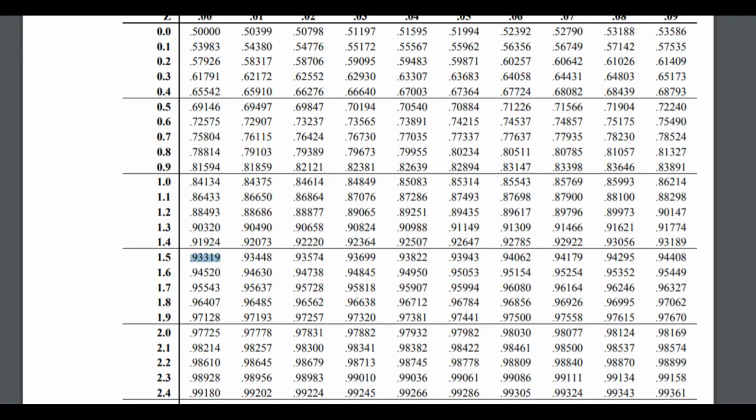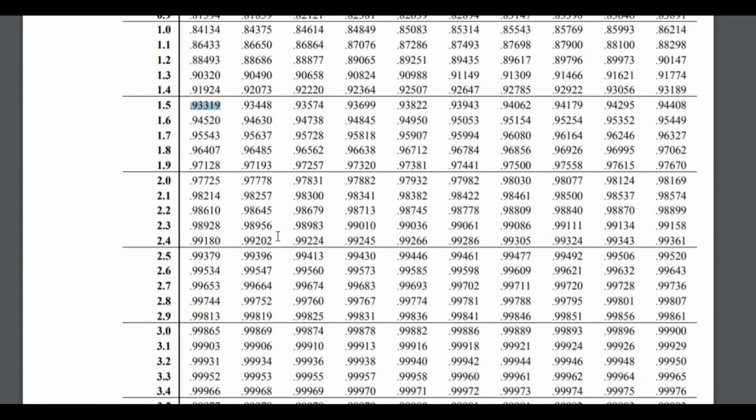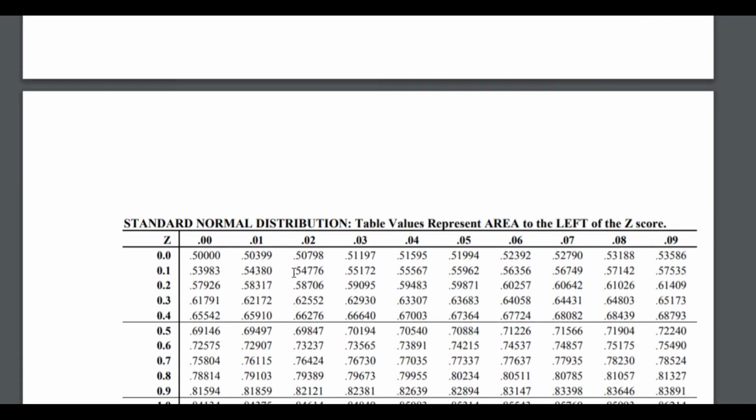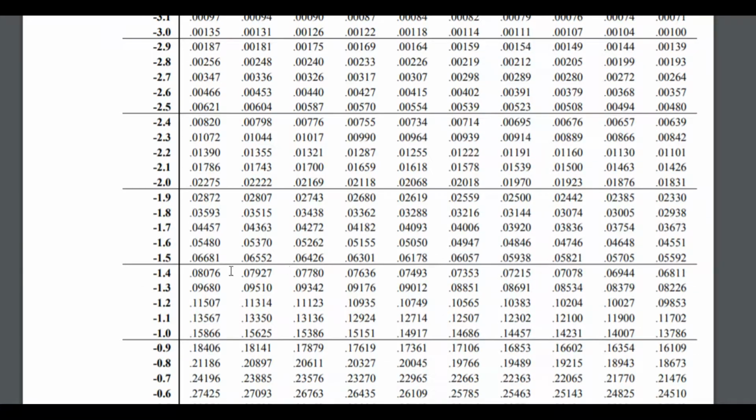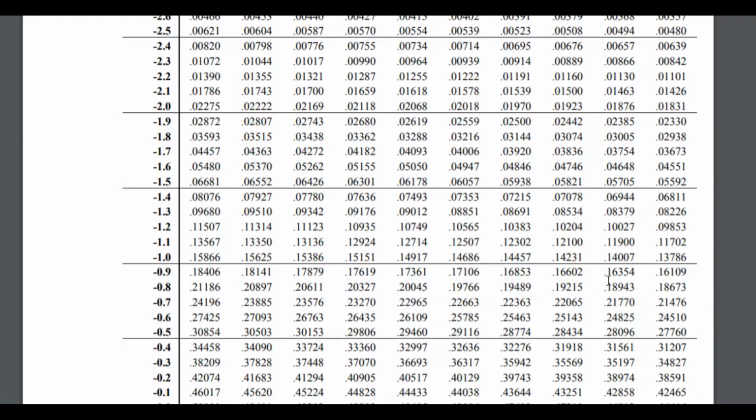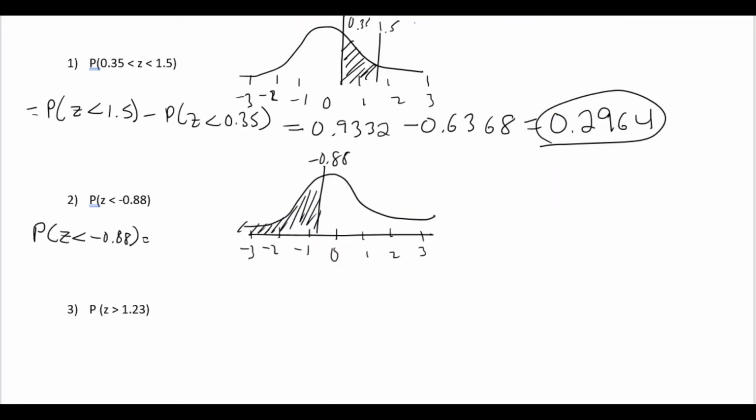The table by default gives us the left side, so all we need to do is look at that number, and then we're good. So negative 0.88, so 0.1894. Right there, yep, 0.1894. All right, and that's it. We don't have to do anything else.